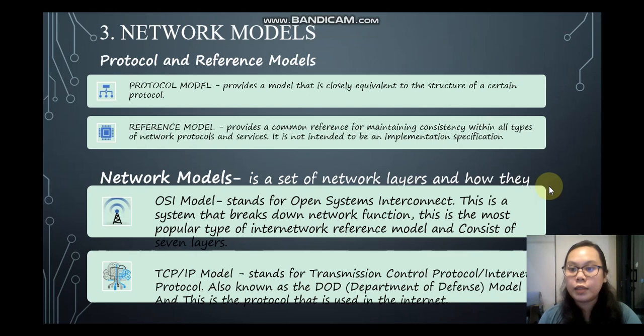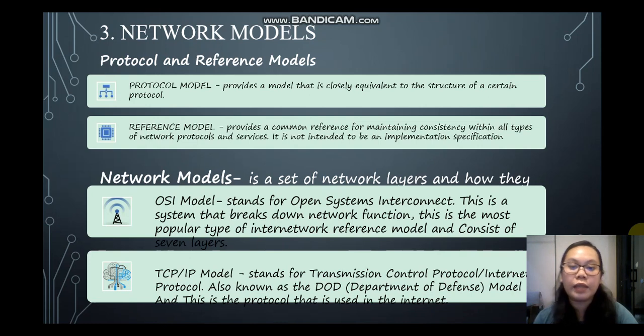Network models. Protocols and reference model. A protocol model provides a model that closely matches the structure of a certain protocol. A reference model provides a common reference for maintaining consistency within all types of network protocols and services.